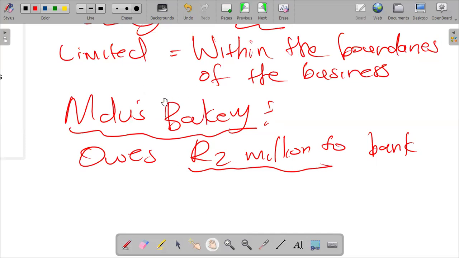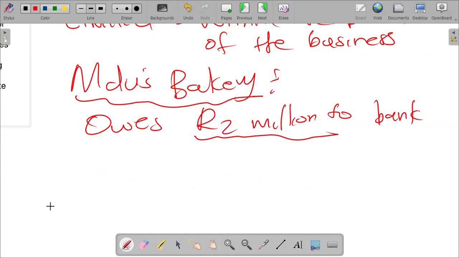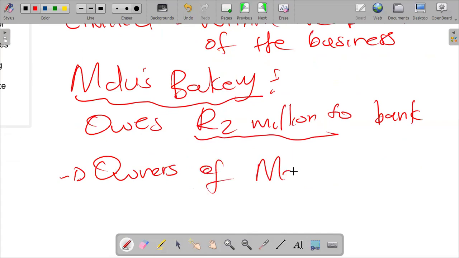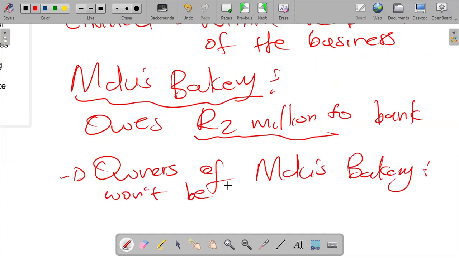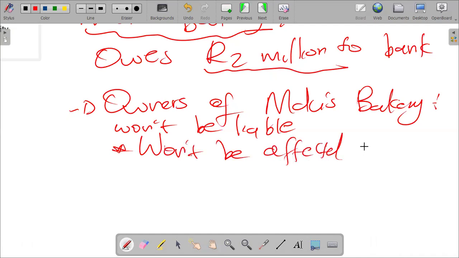So if this debt is limited, it means that the owners of Dudu's Bakery won't be liable, meaning they won't be affected by the debt.